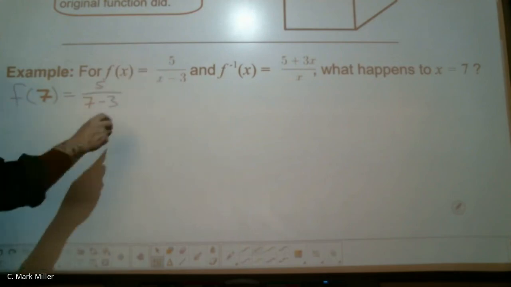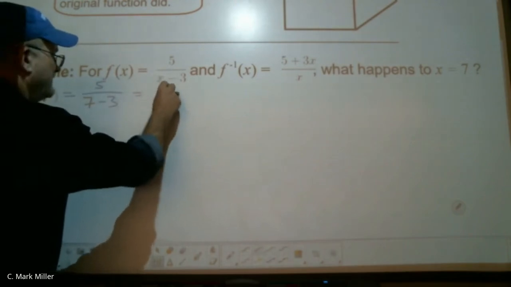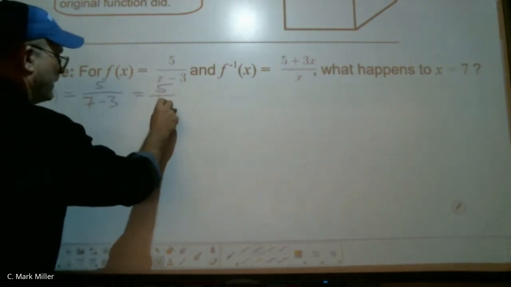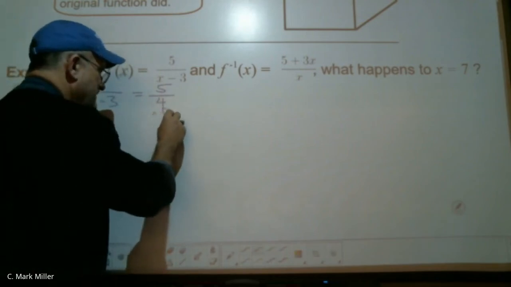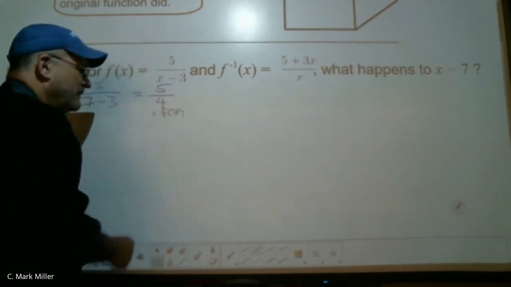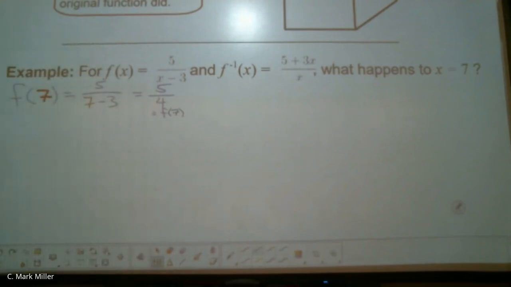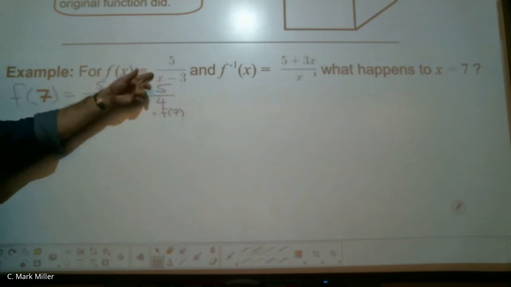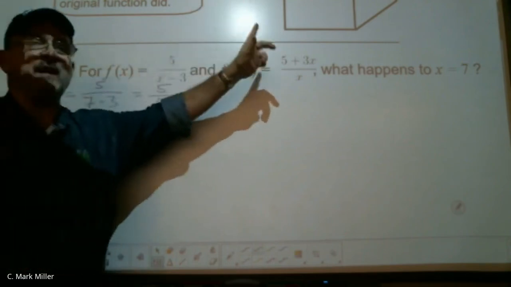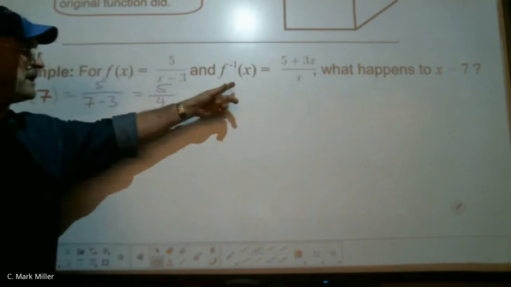That's going to be 5 divided by 7 minus 3, which is 4. So f of 7 equals 5/4. Now we know these two are inverses. So if we take 5/4 and stick it into the inverse, it should give us our 7 back.